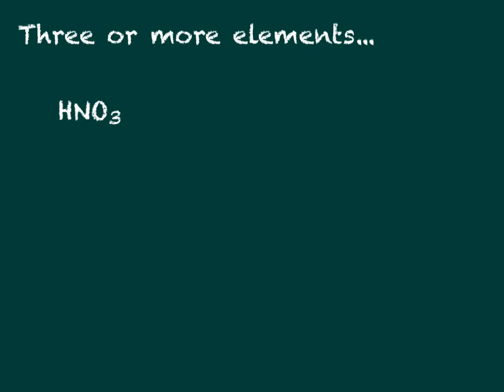So then what do we do when we have a polyatomic ion? There's more than three elements. Well, here we have HNO3, and NO3 is our polyatomic ion. NO3 with a -1 charge from your polyatomic sheet is called nitrate. When you're naming acids with polyatomic ions, you have to pay attention to the ending of the polyatomic ion. Nitrate ends in ATE.